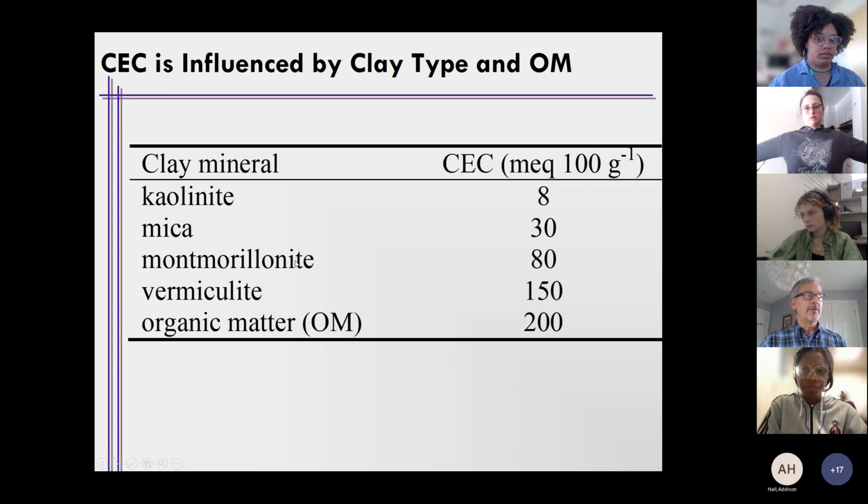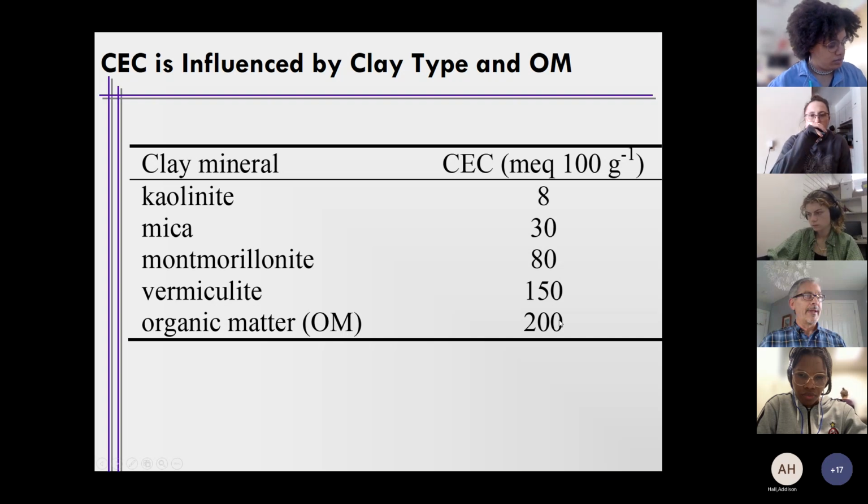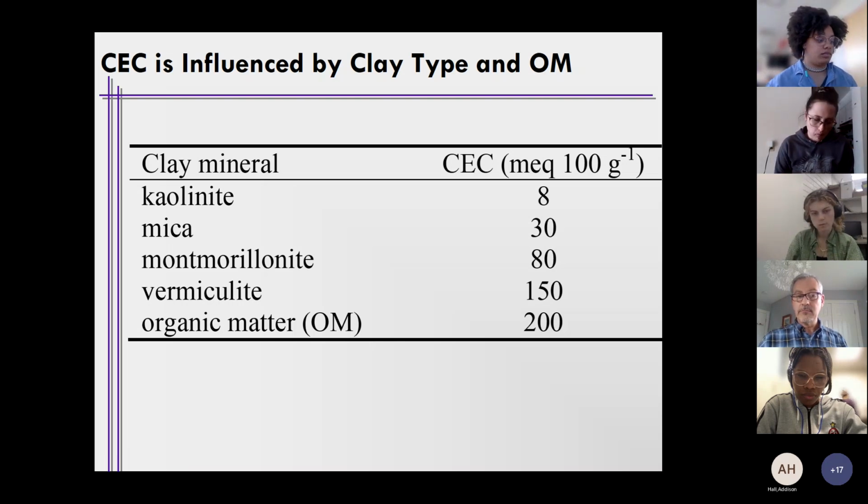Montmorillonite, this is a 2-to-1 type clay. Vermiculite's a 2-to-1 type clay. These have like 80 to 150 milliequivalents per 100 grams of negative charge. And organic matter is really, really high. And so if you knew what types of clays and how much of that clay you had in the soil, you could probably determine CEC. You could just guesstimate it.